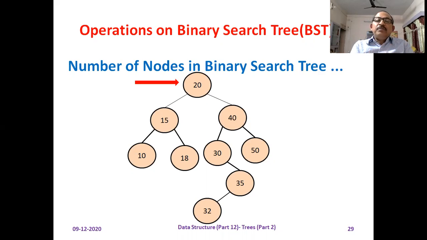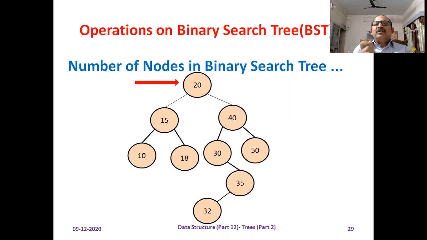If the height of the left subtree is greater than the height of the right subtree, we simply add 1 to the height of the left subtree. If the height of the right subtree is greater than the height of the left subtree, please keep this point in your mind, we simply write the height of the right subtree plus 1, which gives the height of the binary search tree. In this way, you can determine the height of a binary search tree.